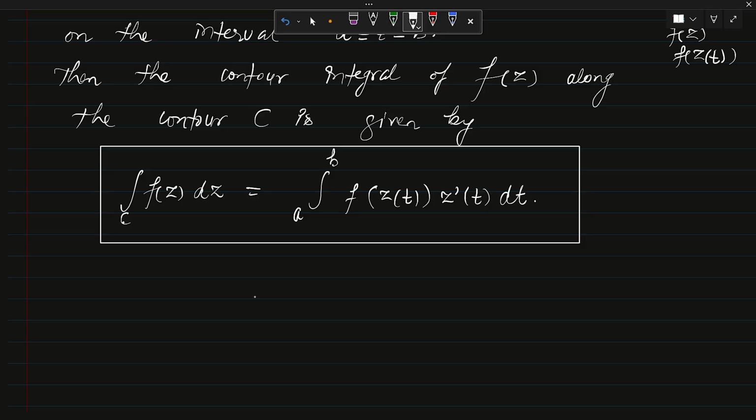Now the moment we say C is a contour, let me identify one thing.